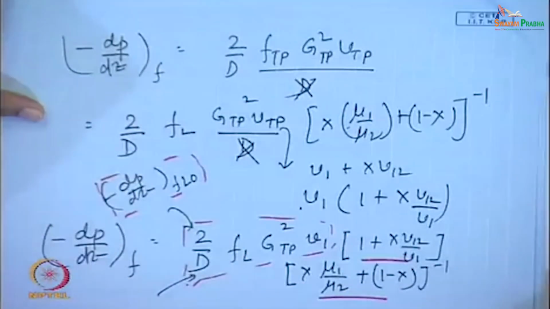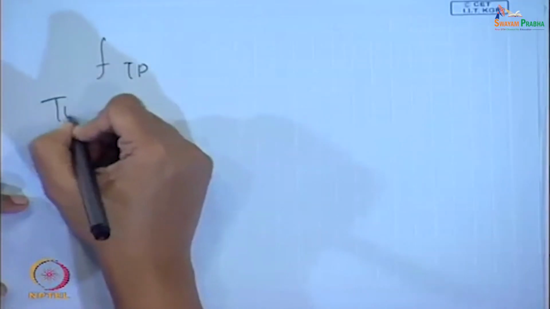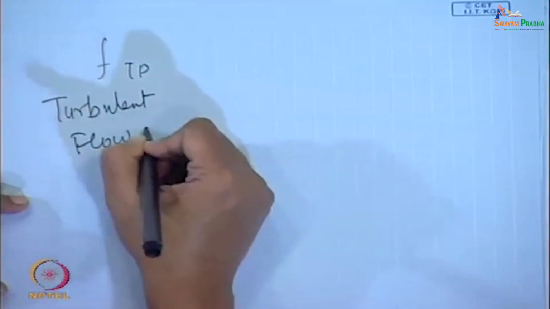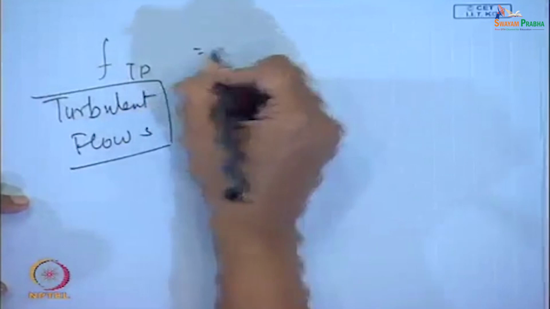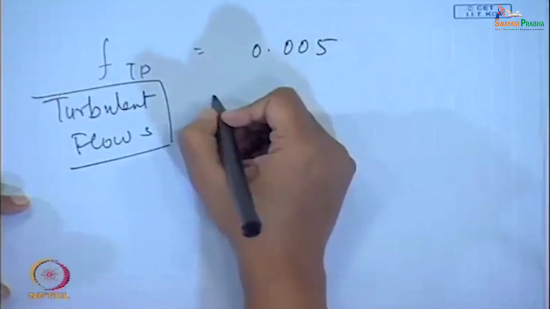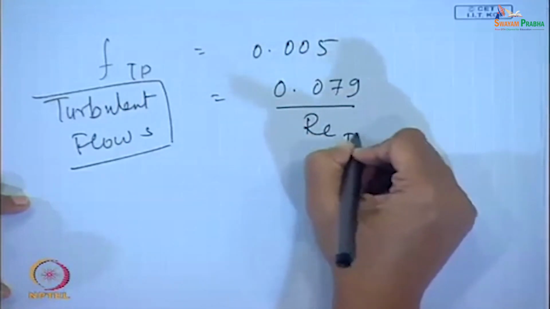Now, for turbulent flow, what are the different approaches that we can use? Just the approaches which are available for single phase flows. One is FTP equals 0.005, or maybe the Blasius equation.